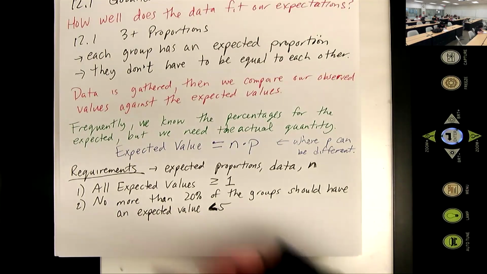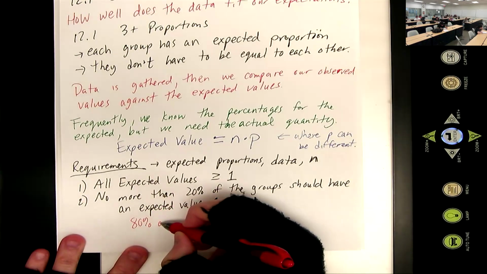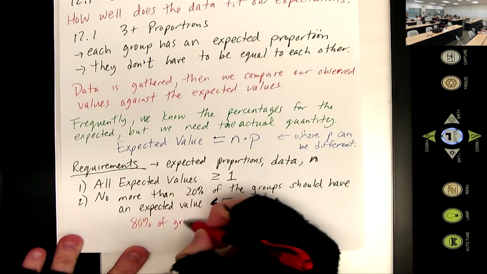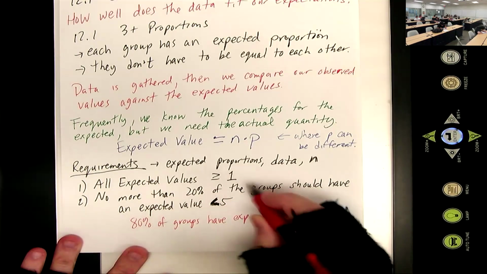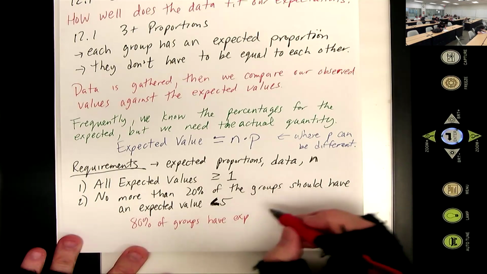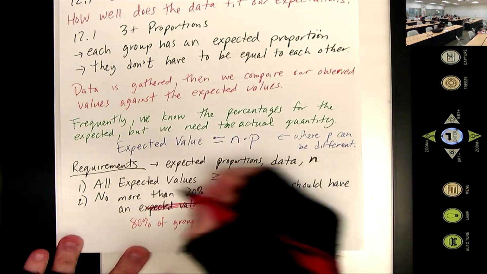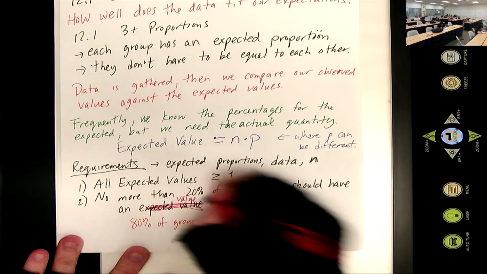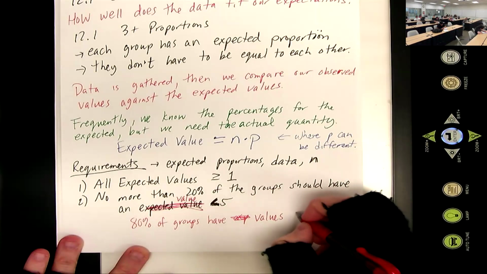Another way of reading this last line is 80% of the groups are 5 or larger. This isn't expected, this is just the data. Have a value less than 5. Values. This is greater than 5.